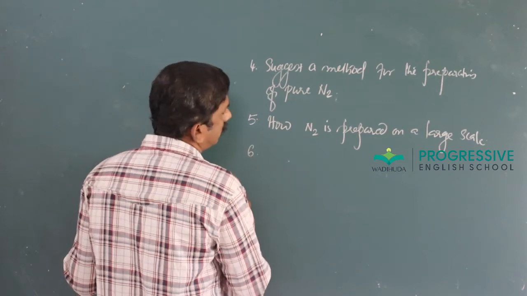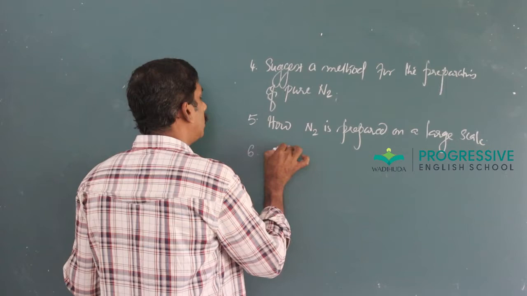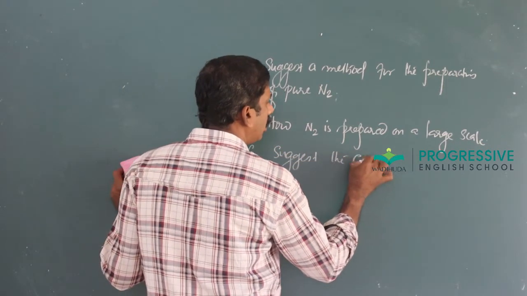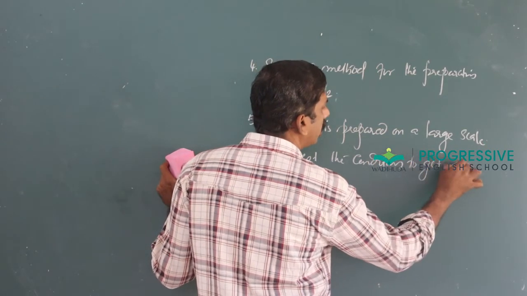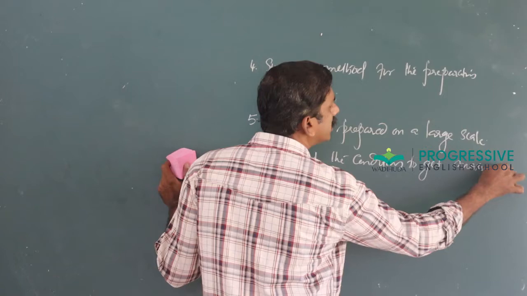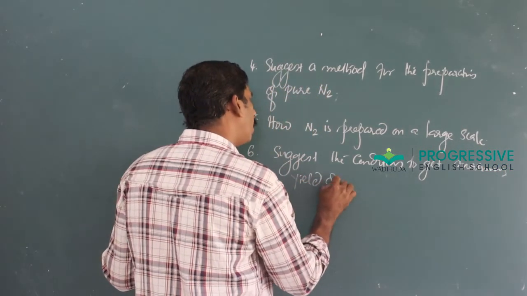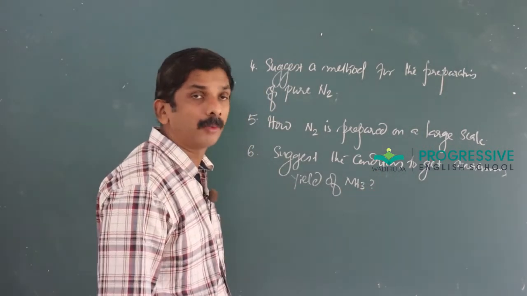Then suggest the conditions to get maximum yield of ammonia according to Le Chatelier's principle.